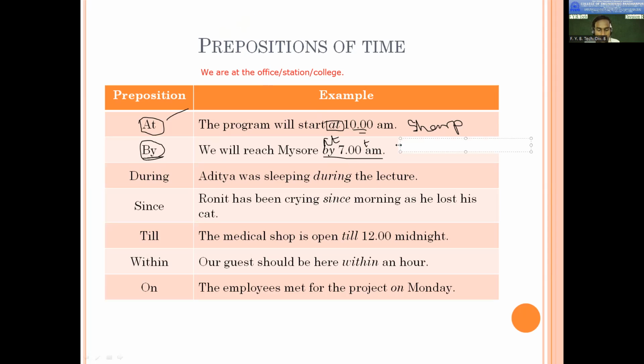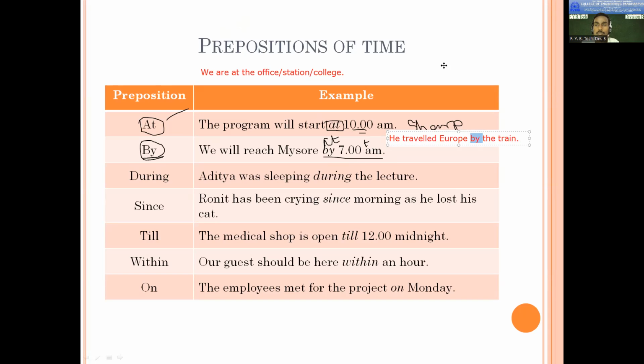Then another example for "by": we can use it like this, he traveled Europe by train. In this case, by train, by bike, by bus, by boat, it refers to the means used.